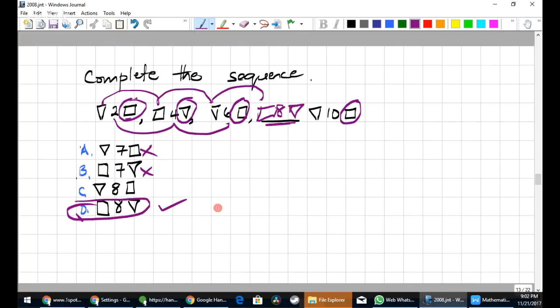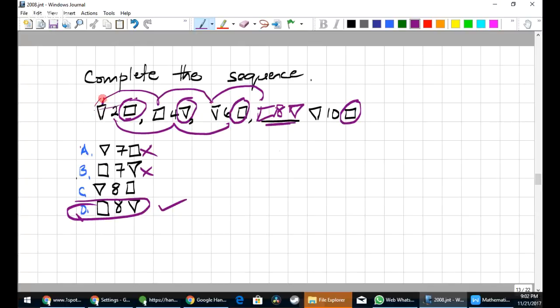So based on the pattern that we have, which answer do we have? D. All right. Here we have the pattern. We are looking at two things to determine this. We're looking at the movement of the numerals in the sequence, so we know that we're going up by 2.